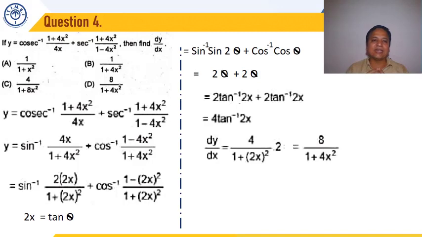So this comes out to be 8 upon 1 plus 4x square. And if we look at the choices, we get choice D as the answer. So first we simplify y and then differentiate, using the formulas of sine 2 theta as well as cos 2 theta.